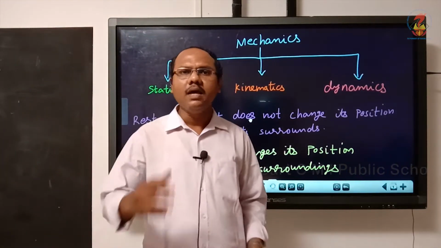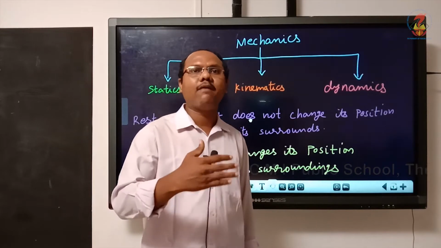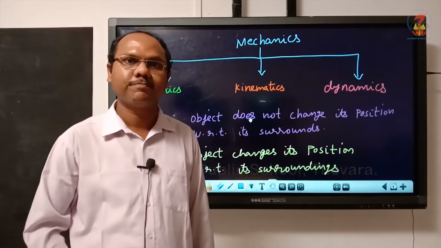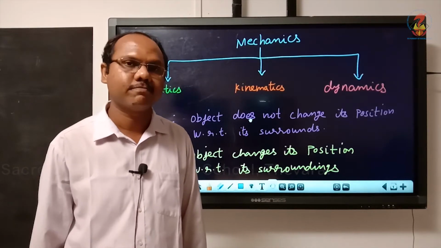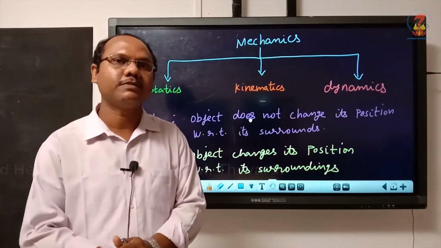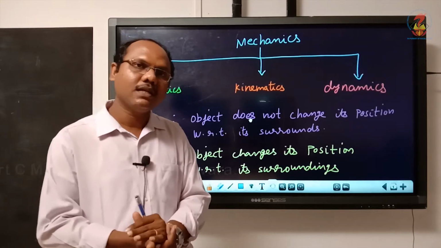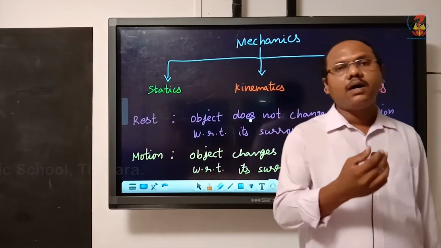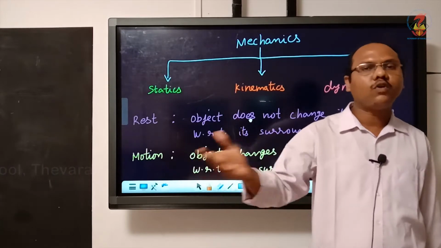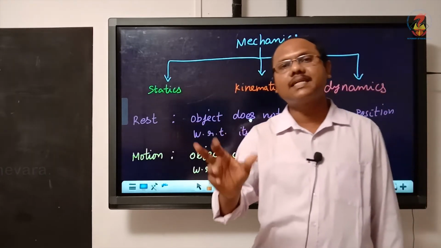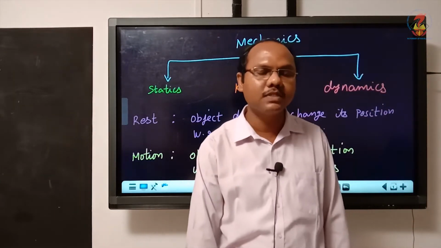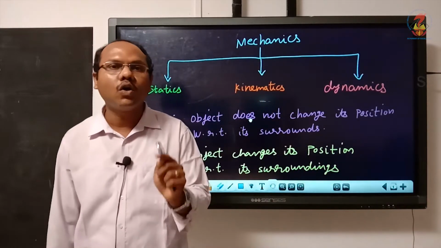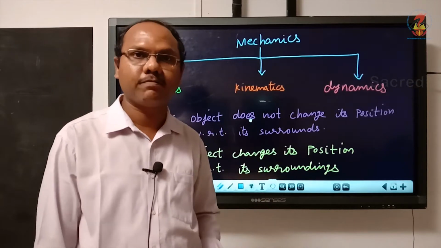Meaning, a car is at rest. After some time, the speed of the car is 40 km per hour in 5 seconds. Find the acceleration. In this question, I told initial velocity is 0, final velocity is 40, time taken is 5 seconds, find the acceleration. I didn't tell the cause of the motion of the car.